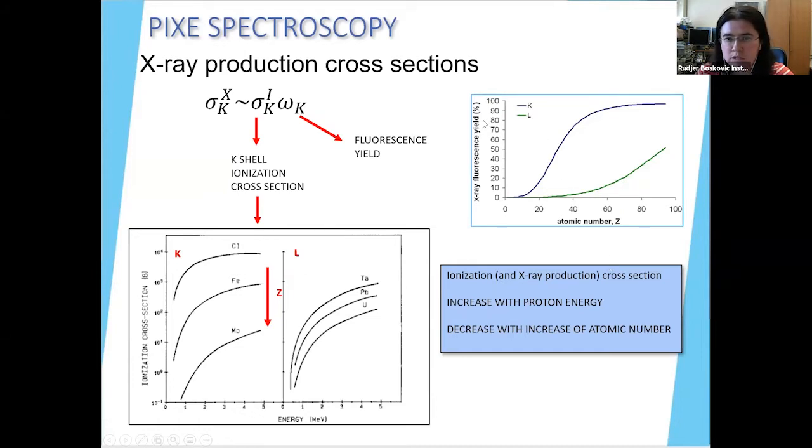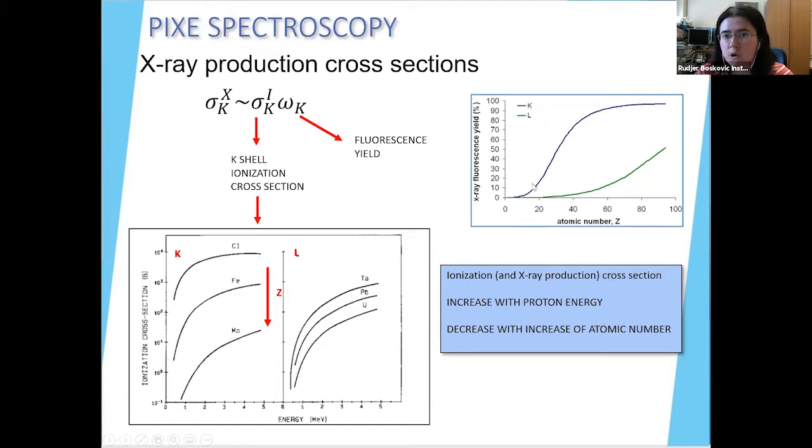Also, here are the X-ray fluorescence yields. This is the plot versus atomic number, and this is for K lines, and this is for L lines. So this means that for low Z elements, the majority of these events will result in the emission of Auger electrons.